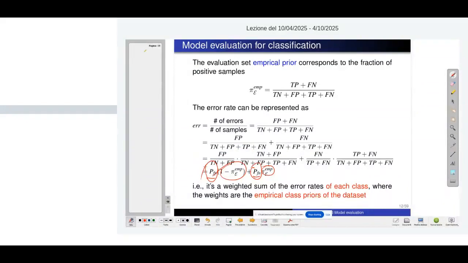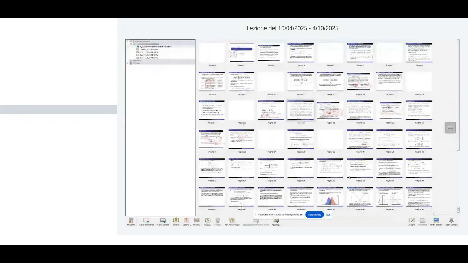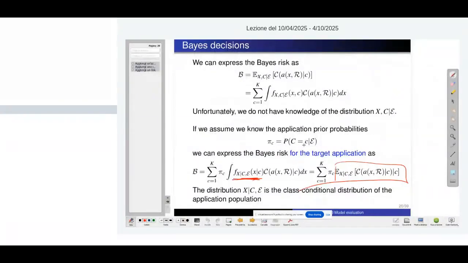So when we finish developing the model, these terms will also appear back, because they are required to compute the average cost per class. But in any case, once we are able to compute the average cost per class, our metric will be the average cost per class computed on an evaluation set, approximated by that, and then weighted by the application prior.